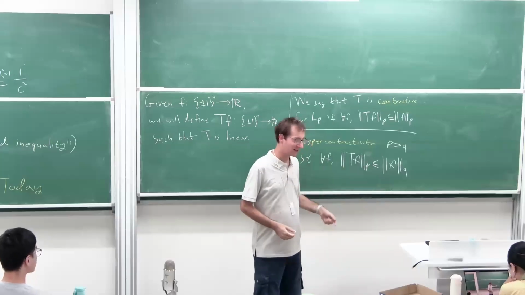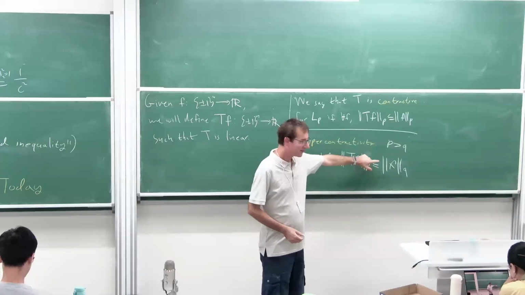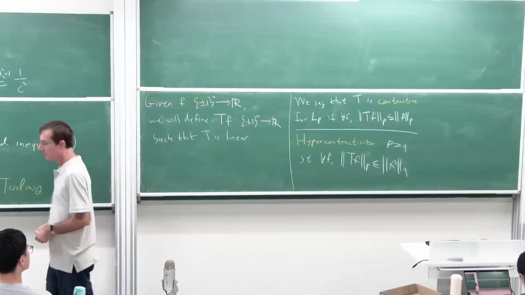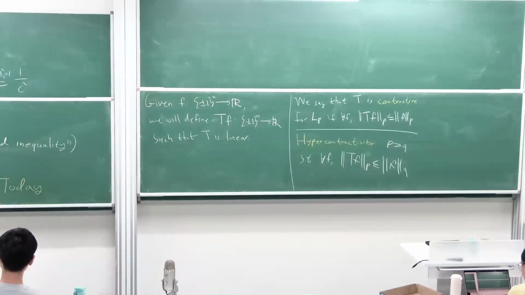The most reasonable constant here is 1. You can imagine that we will take p equal to 4 and q equal to 2, and we will somehow derive this from this sort of statement. So this is what the term hypercontractivity means.